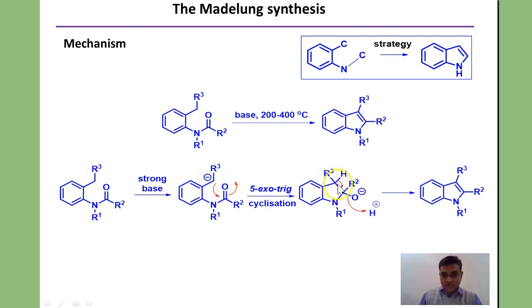Here we get a carbon-carbon bond forming reaction. It can be described as a 5-exo-trig cyclization because a 5-membered ring is formed. This carbonyl group's oxygen is outside the ring, so it is exo, and the carbanion is attacking the trigonal carbon atom. Therefore, it's a 5-exo-trig cyclization according to Baldwin nomenclature. Then under acidic conditions, this will become OH, and this will undergo dehydration to form the substituted indole.